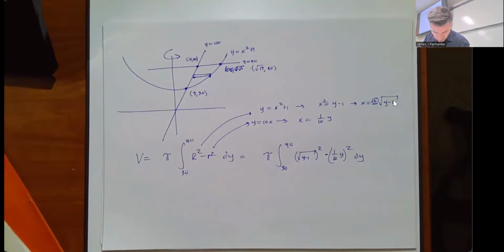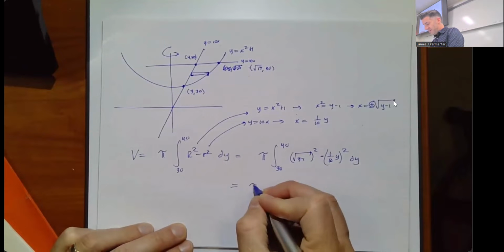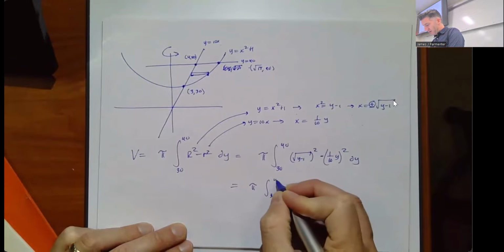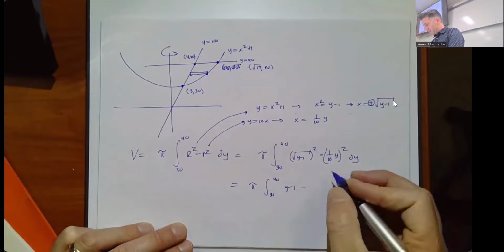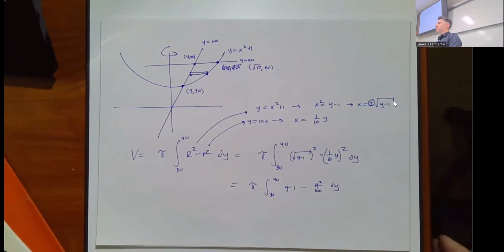I did read it correctly, unfortunately. Yeah, so this one would be a lot nicer, right? Pi integral from 30 to 40, y minus 1 minus y squared over 100. And then we would do the usual sort of stuff. So not as bad. Again, not what you're being asked to do.